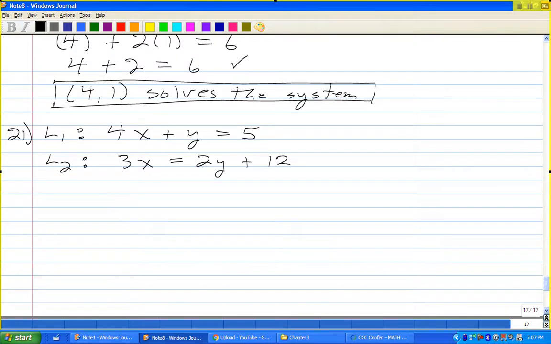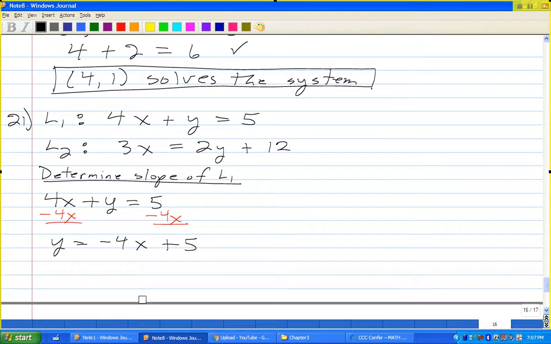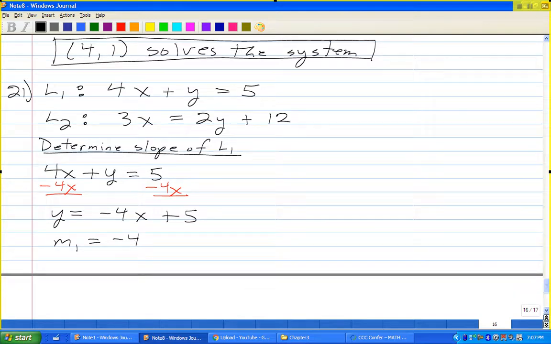Okay, so let's determine the slope of the first line. Let's subtract 4x from both sides of my equation. So y equals negative 4x plus 5. So therefore the slope is negative 4 and the y-intercept is 5.